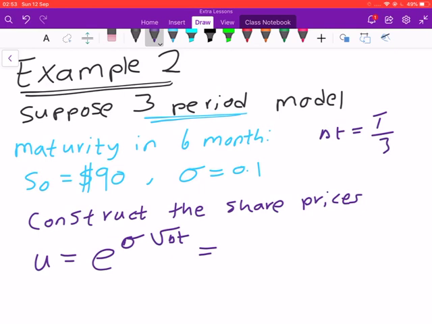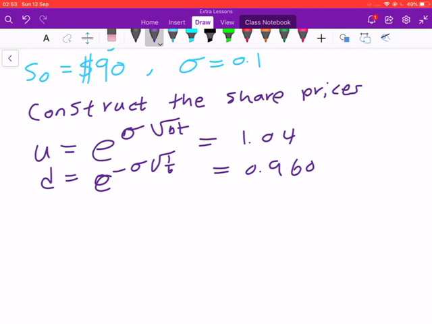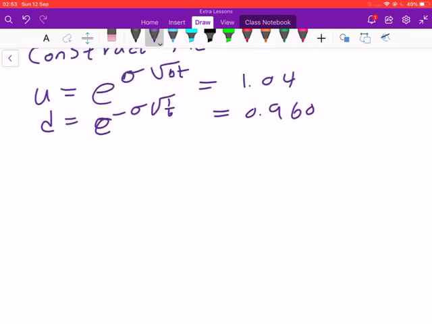So your answer for U is going to be 1.04, and for D is going to be 0.96, right? Remember that the only difference is that it will have a negative sigma, the square root of 1 over 6. When you draw this model now, you will have T0, T1, T2, and T3.